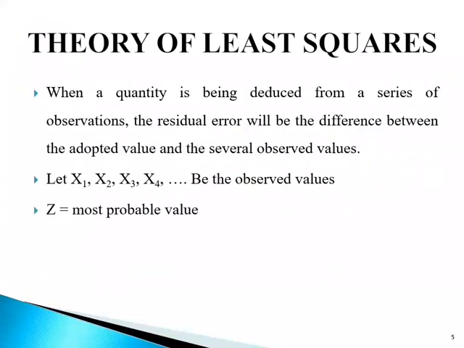When a quantity is being deduced from a series of observations, the residual error will be the difference between the adopted value and the several observed values. Let x1, x2, x3, x4 be the observed values and z be the most probable value.